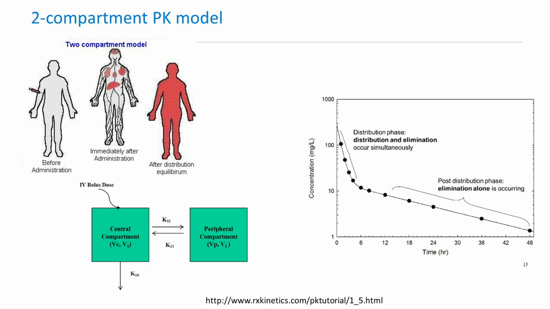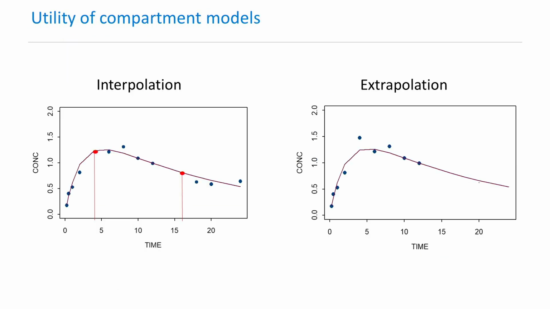Now, what can we do with these? Well, the utility of compartmental models is that we can do things like interpolation and extrapolation. So if this is one subject and that line represents this individual's model, and I took a PD sample at 4 and 16 hours, and I want to know what was the concentration at that time, we can pick those off the curve.